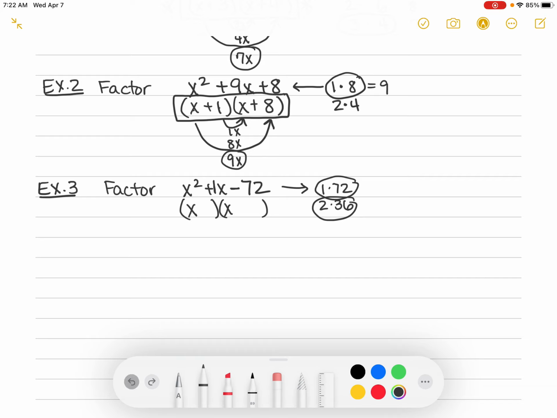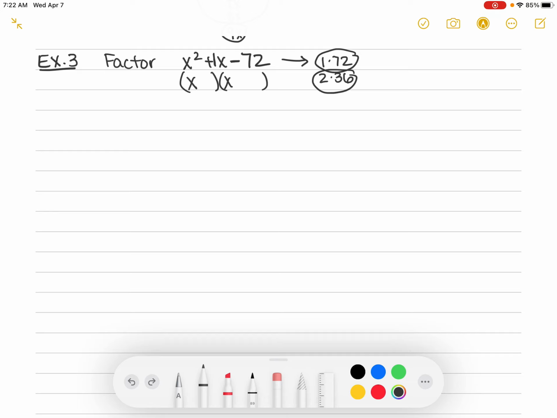So think of 2 numbers that when you multiply them make 72, and when you subtract them make 1. So there's the puzzle. I can figure this out by saying 9 times 8 is 72, and 9 minus 8 is 1. So those are the numbers I'm going to put here.